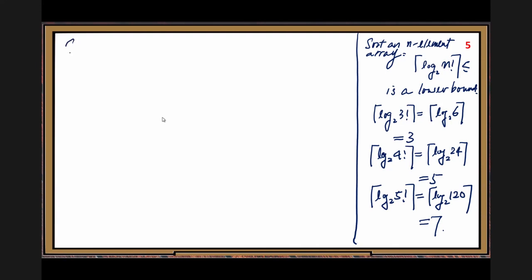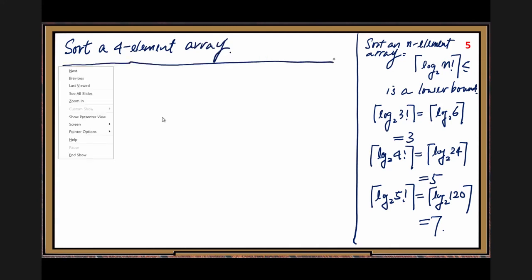All right. Now, let us sort a 4-element array. It's pretty simple.